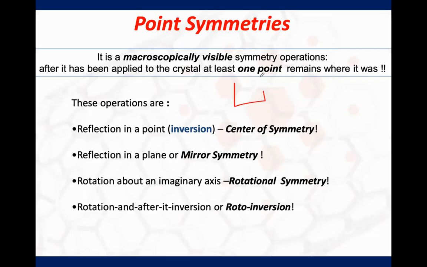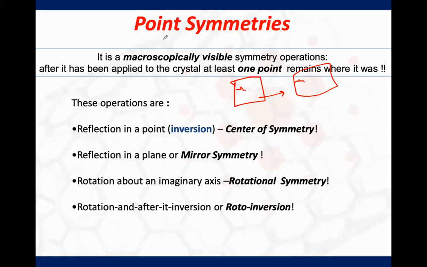For example, if you have a symmetric crystal, and if you take this point, after the operation you should also have the same configuration, where you see the same point relative to the other points at a given distance. So if originally it was like this, after the symmetric operation it should also define the same distance. That means that point should not have been changed or gone to a different place, right?